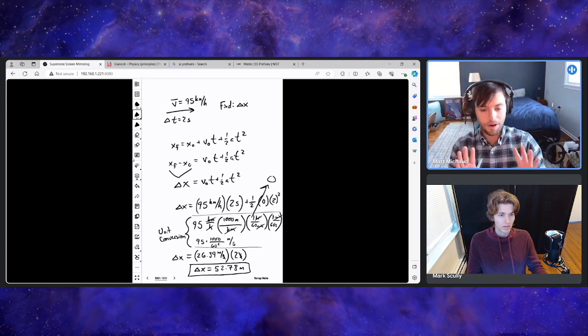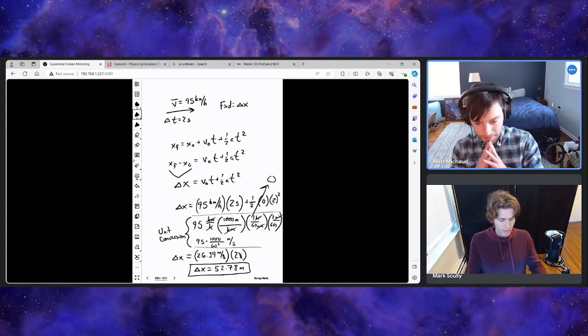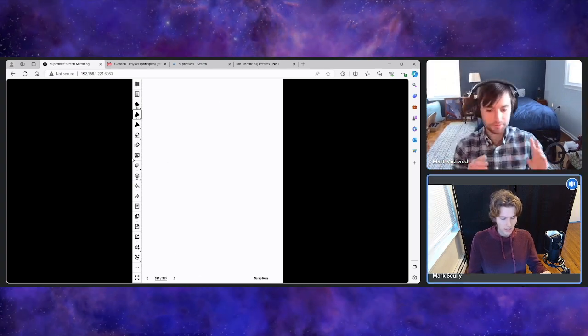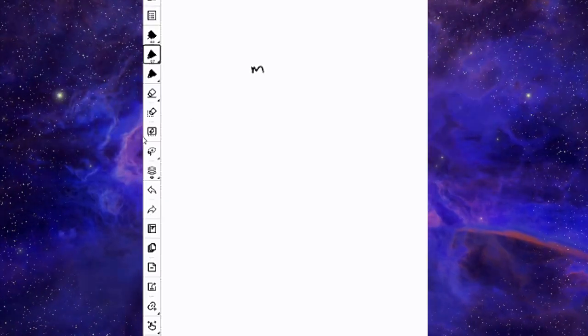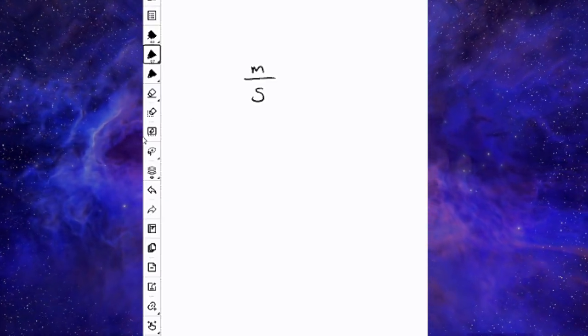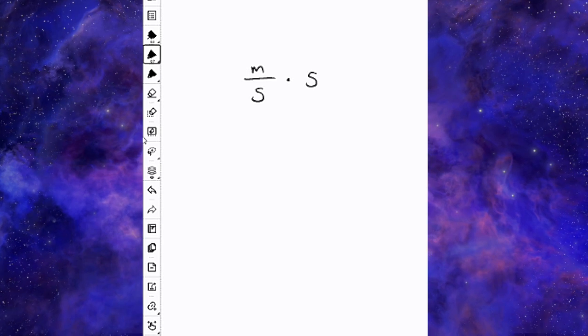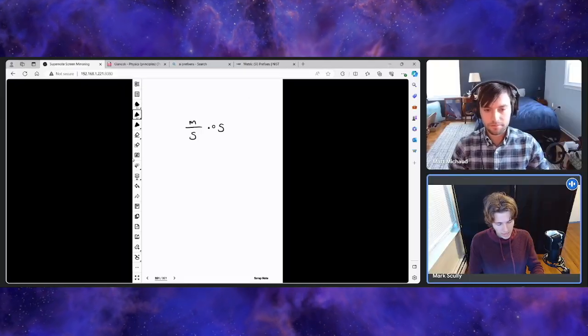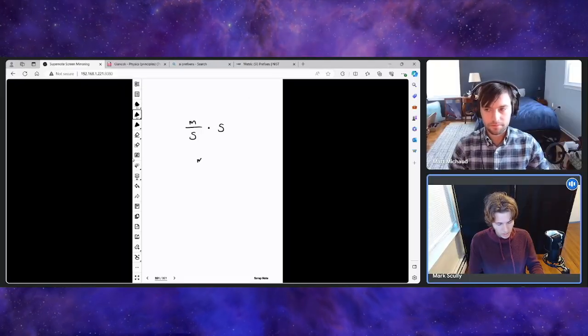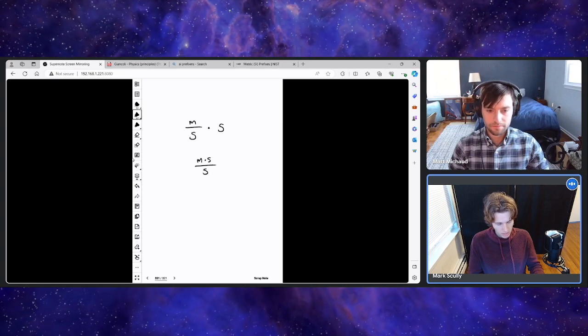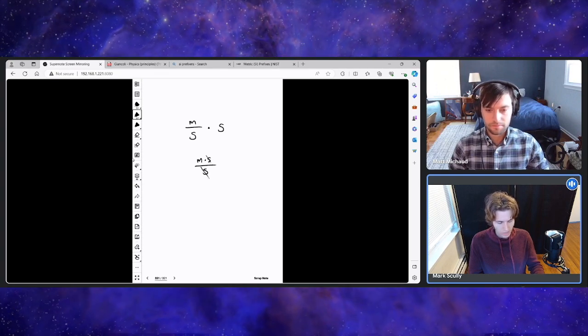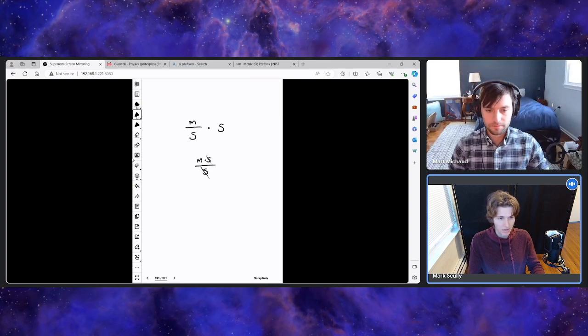So that's why it just left us with meters. Exactly. Let's look into that a little closer really fast. We had meters per seconds times seconds. This is almost as if the seconds are in the numerator. Meters times seconds over seconds, and seconds will cancel out because they're in the numerator and the denominator, right?